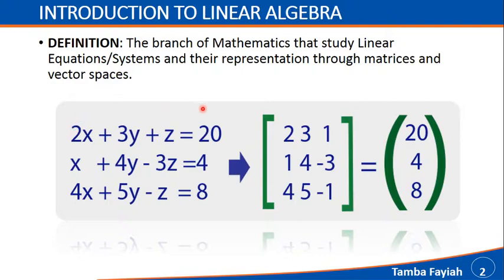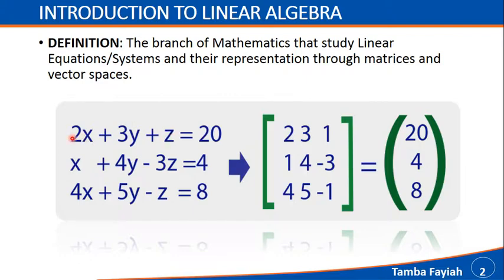When we talk of a linear equation, we are talking of a single equation that has variables, and all the variables have a power of 1, not more than 1 or less than 1. So as you can see, all the unknowns or the variables in this system of equations have a power of 1.